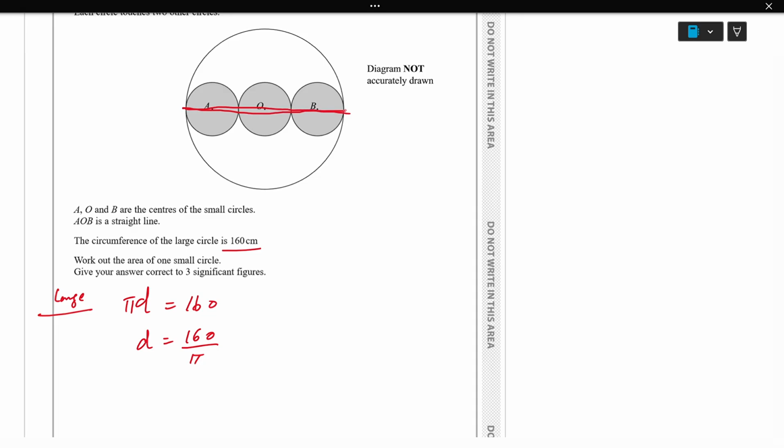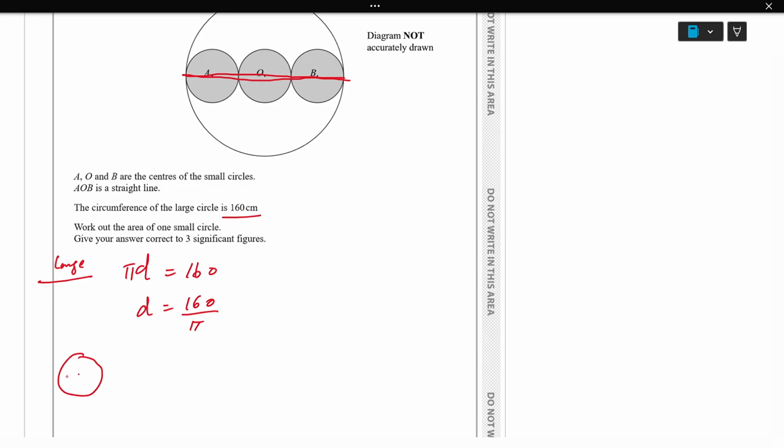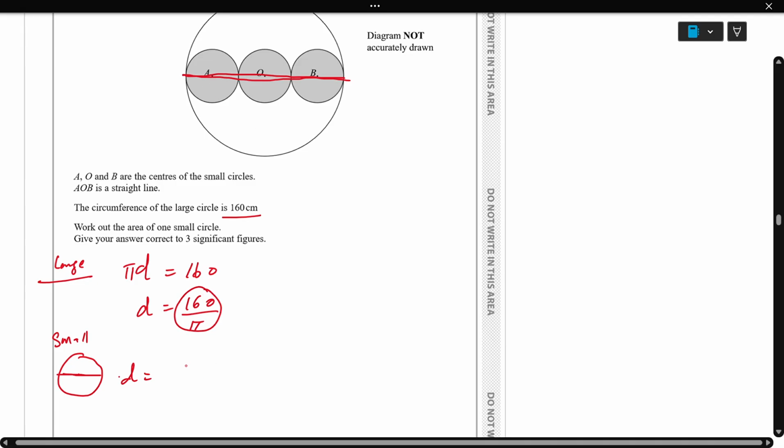Now for each small circle, this is A. The diameter of the small circle is going to be the larger diameter divided by 3, because it is divided into 3 circles. So 160 divided by pi divided by 3, which is 1/3 of 160 over pi, becomes 160 over 3 pi.